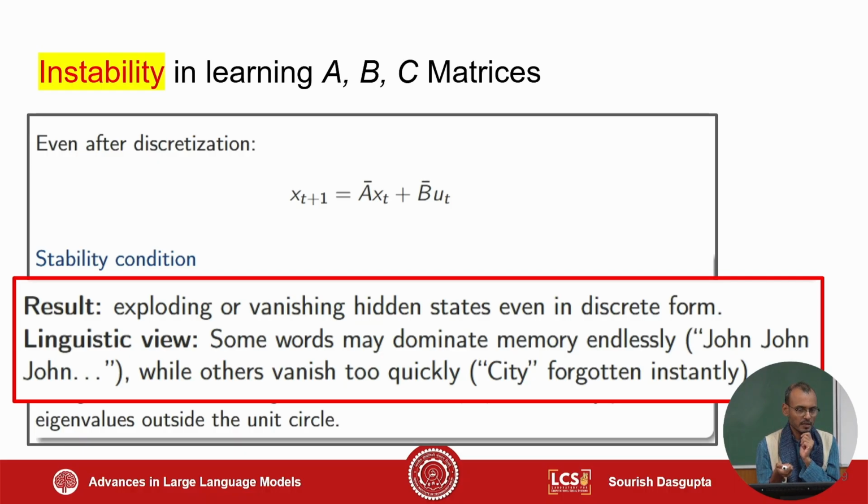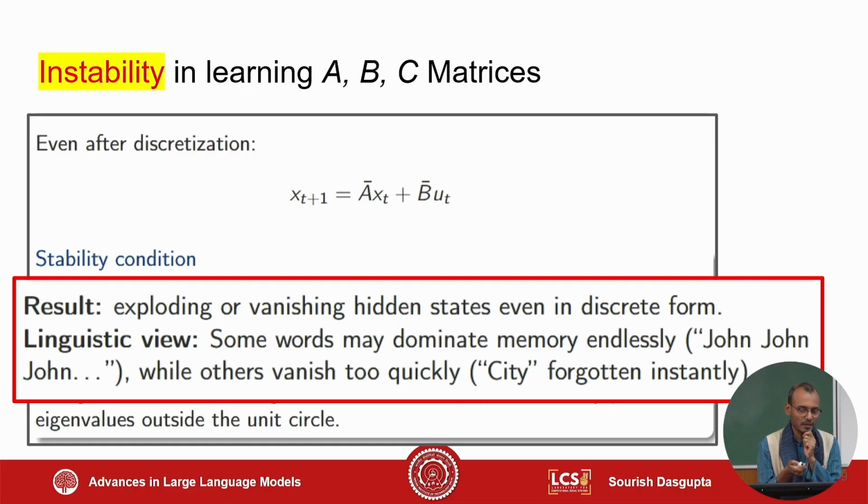As an example, some words may dominate memory endlessly, as if the echo is continuously happening, John, and so on. If you look at it from the Fourier point of view, that wave is so predominant and the other waves are getting suppressed.